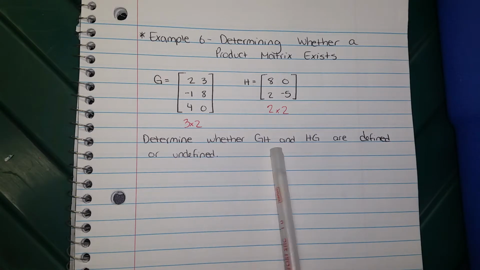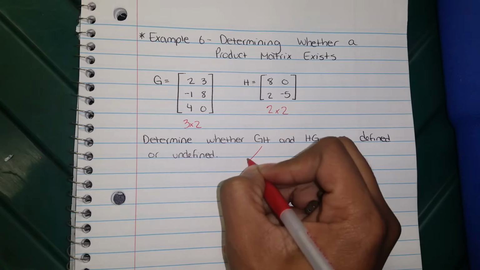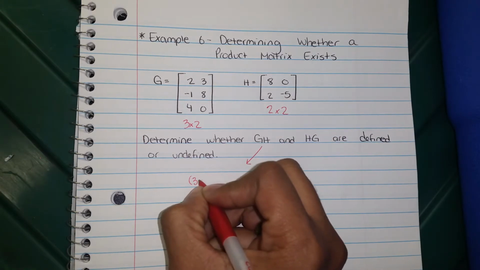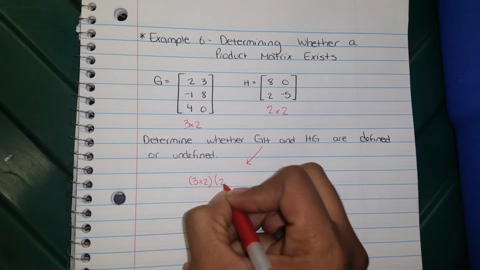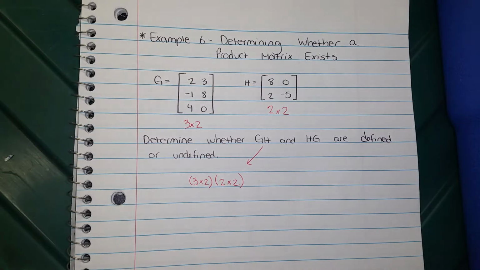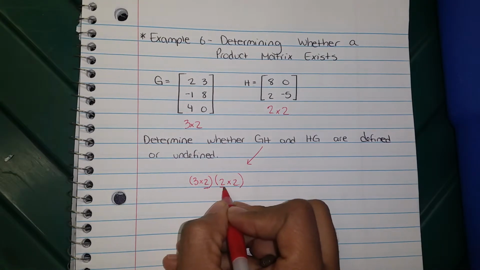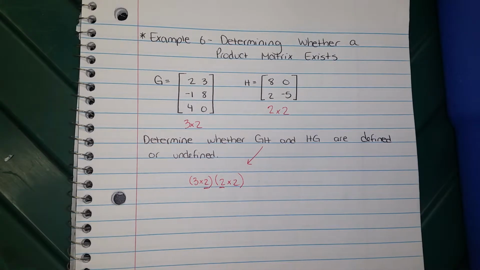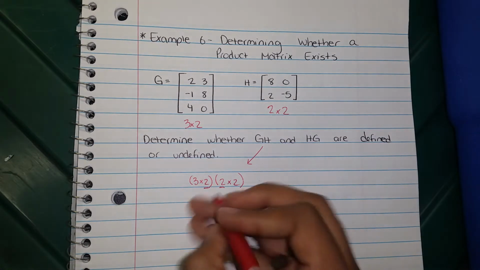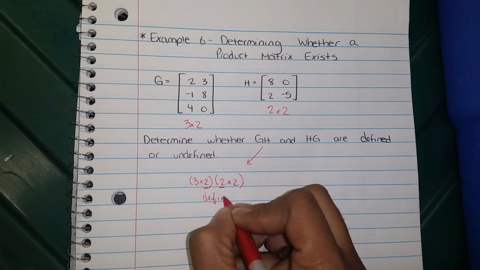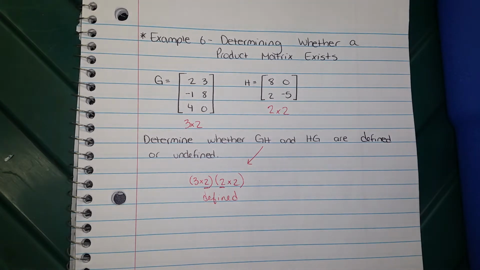So let's see, GH, that would be 3 by 2 times 2 by 2 matrix. Do the number of columns match the number of rows? Well, my inner values are the number of columns and rows. So yes, they do match. So it is defined. Okay.